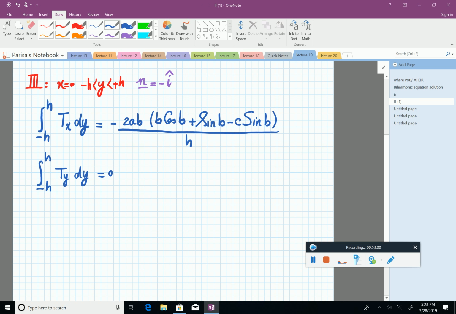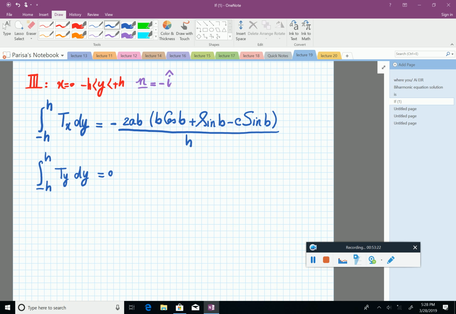Yeah, it's a resultant reaction. So if you calculate the resultant of tx, this is how it looks. If you calculate the ty, it is 0. I didn't write tx and ty because it's large and that's not the point. This is the point.